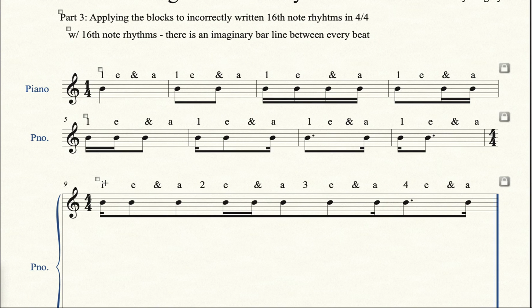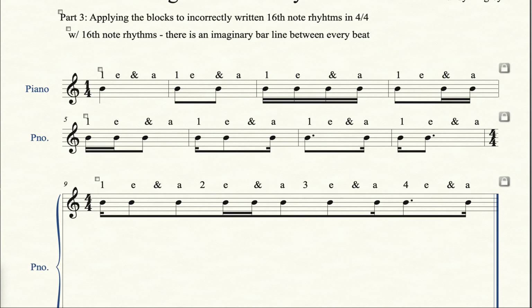Each of these symbols represents a 16th note worth of time, and I'm trying very carefully to space these symbols evenly across the measure and to line them up with the note that they correspond to. So this 16th note happens during 1. This 16th note happens during E and 2, E and 3, and so on.